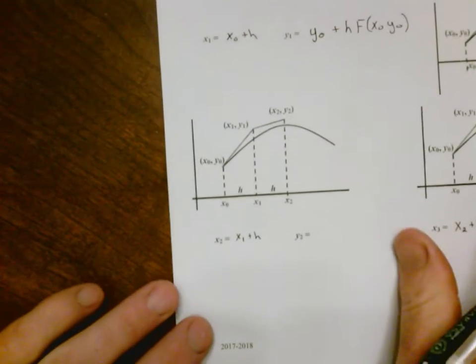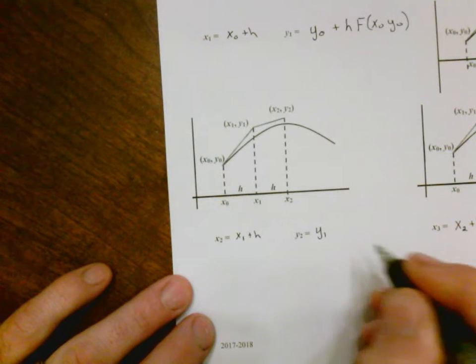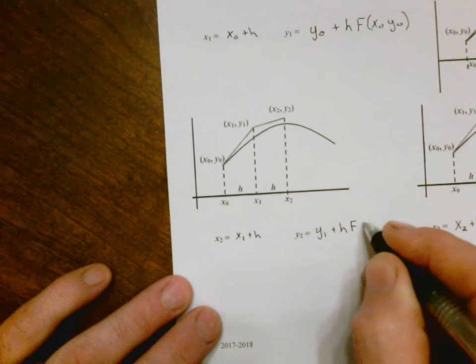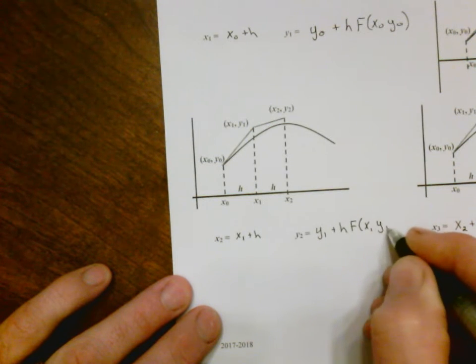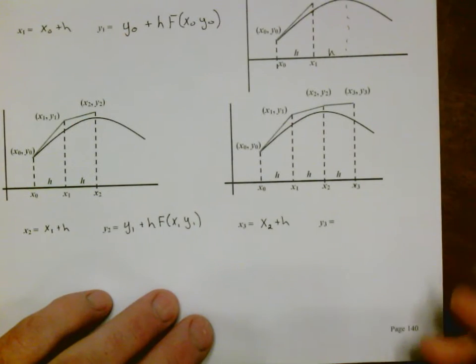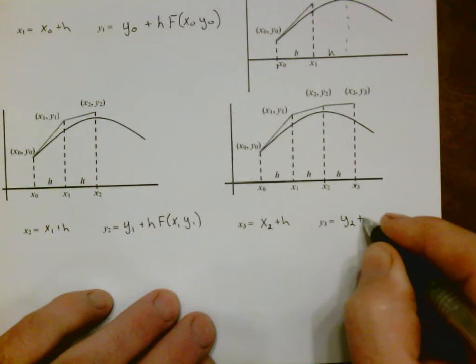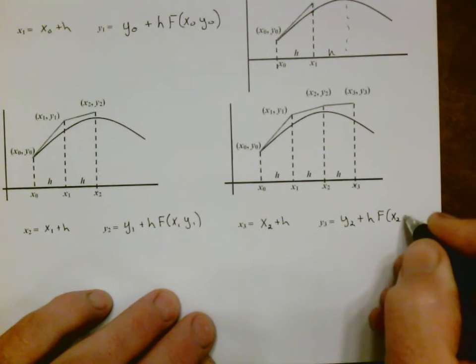So going down here, y2 is, you go to the prior y value, plus you add on the step, times the derivative or the slope at the prior spot, x1, y1. And then the last one here, y3 is going to be y2 plus h times f of x2, y2.